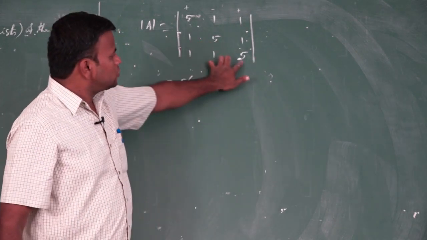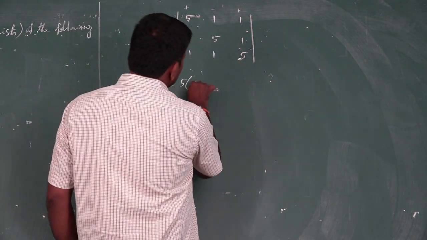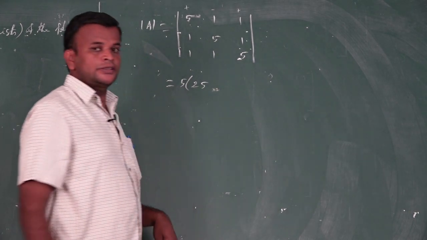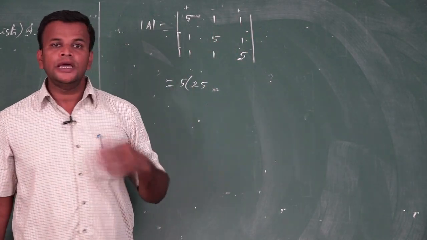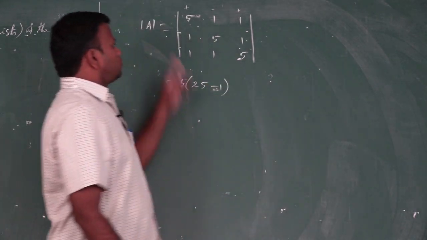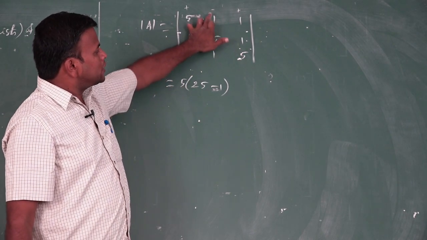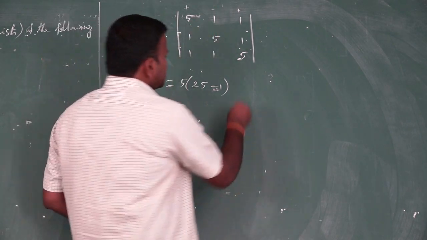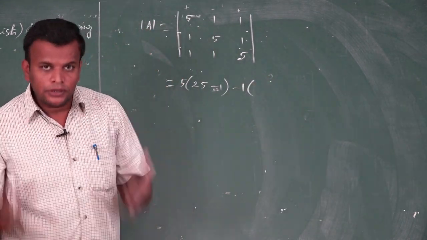First we multiply these two elements: 5 fives are 25. Next, the remaining two elements are 1, 1, and we multiply them with a minus: minus 1. Next, the sign of this 1 is minus, so I put minus 1 of. It is the same rule.